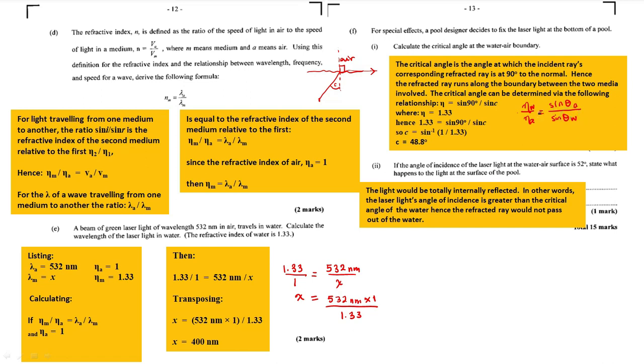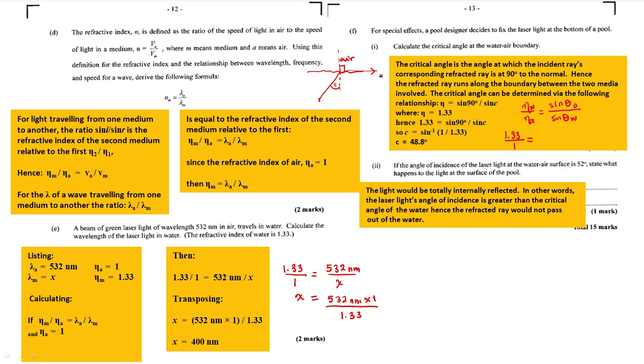Once you know that they're flipped when they are related, you're good to go. So we know the refractive index of water is 1.33, and that of air is 1.